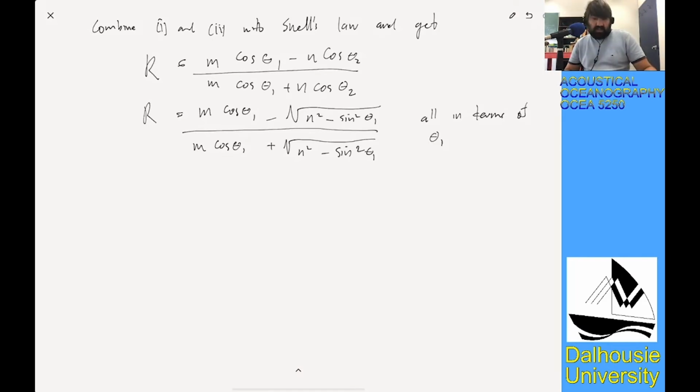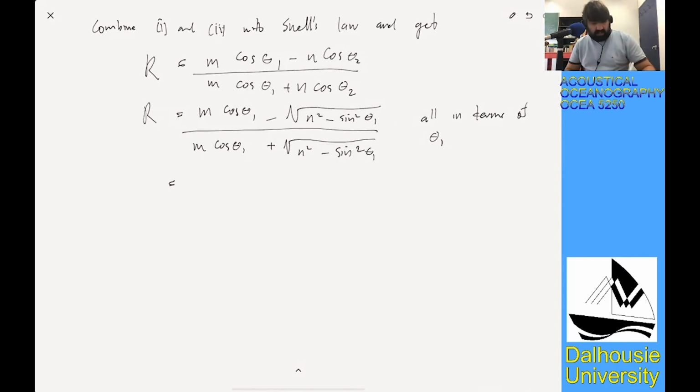This is super useful, of course, because if we're in the ocean trying to measure something on the bottom, we don't really want to go into the bottom to measure the angle of transmission. It'd be a little bit difficult. So we can do everything from the side of region 1.